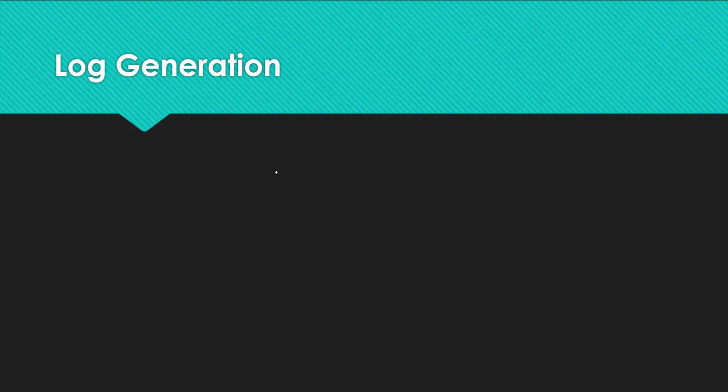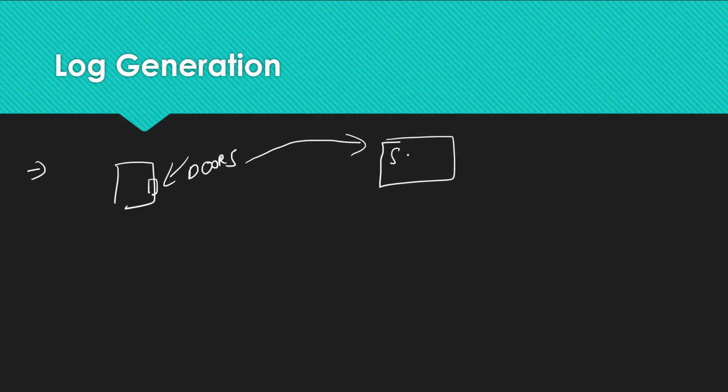And the third one is the log generation. Whenever you use an electronic system and the employee swipes their card on the doors, your panels or your readers will send that record to your system, and based on that your system will generate a log, right?